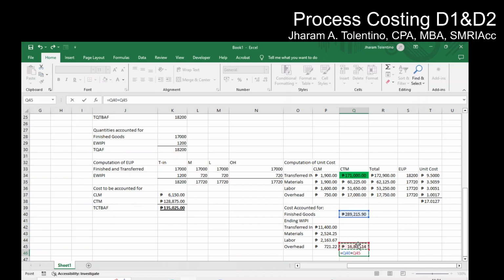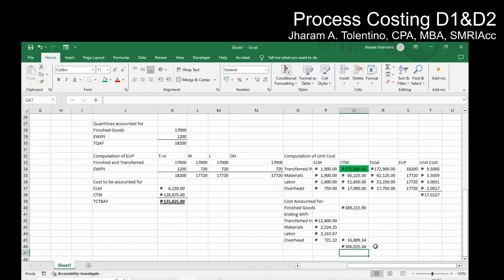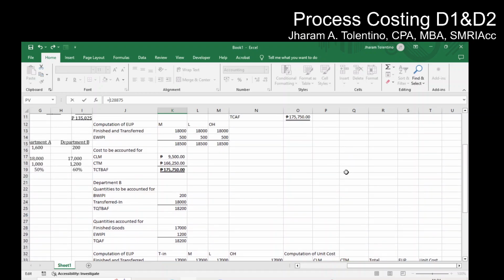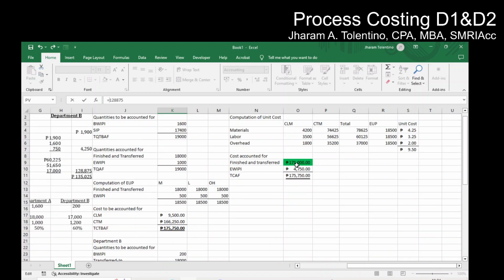It seems I made a mistake. Yes, the cost last month, the cost this month, something is missing there. Okay, 306. Yes, something is missing. Wait a moment. We didn't include the transferred in cost. So this is your total cost accounted for. This cost this month, we haven't included this yet. 171,000 plus.